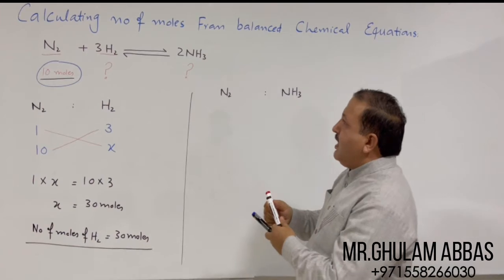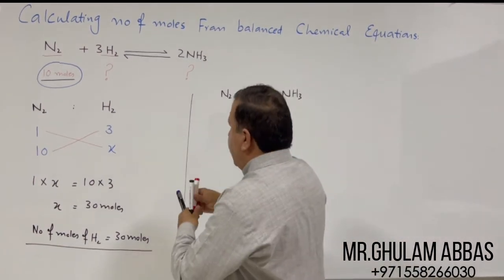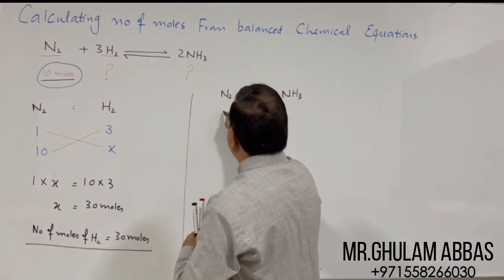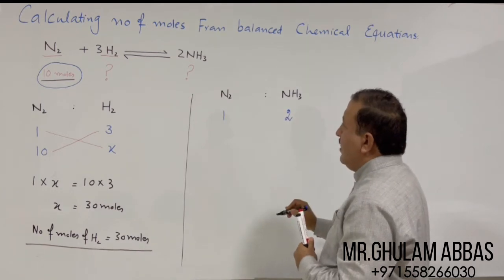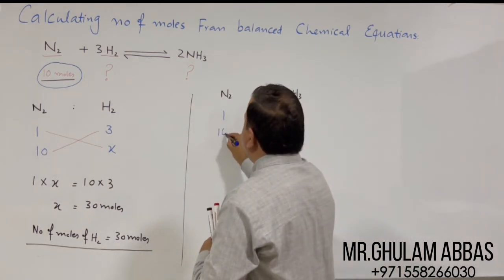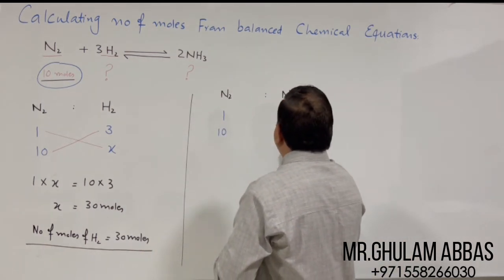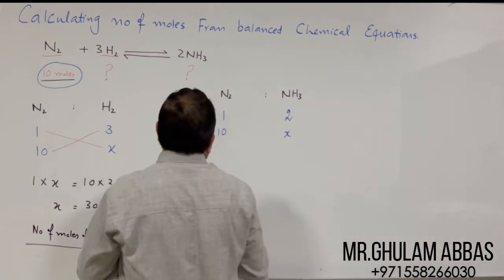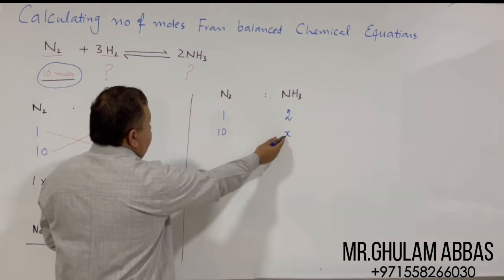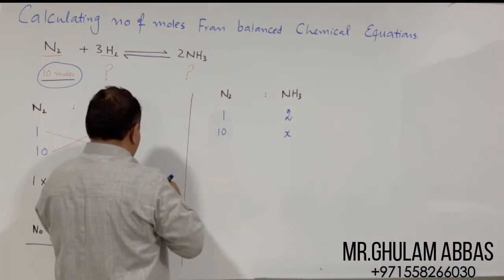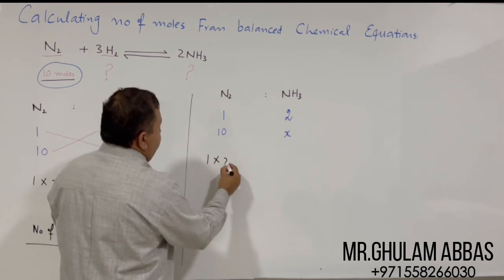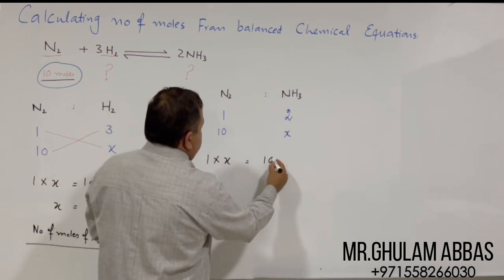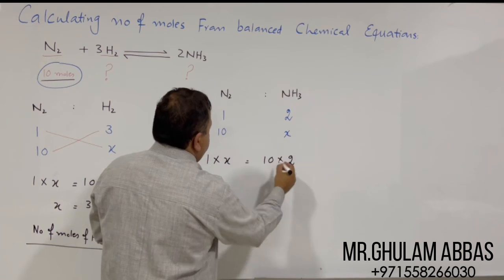According to balanced chemical equation, 1 mole of nitrogen produces 2 moles of ammonia, and we have 10 moles of nitrogen. By using the same method, I will write the x. So 1 into x is equal to 10 into 2.